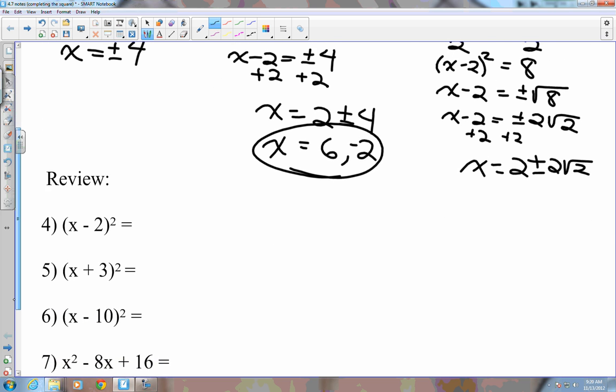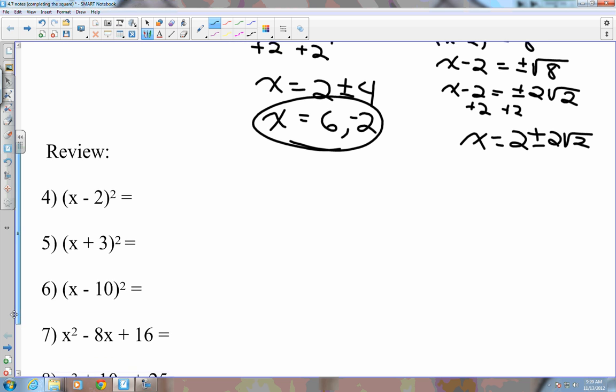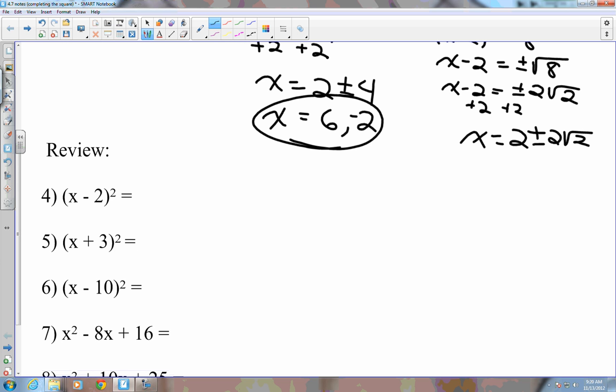Okay, another thing we need to review is if I have x minus 2 squared and I want to FOIL that out, I go x minus 2 times x minus 2, right? That's what that means. So in order to determine what that is, I take x times x is x squared. First terms.